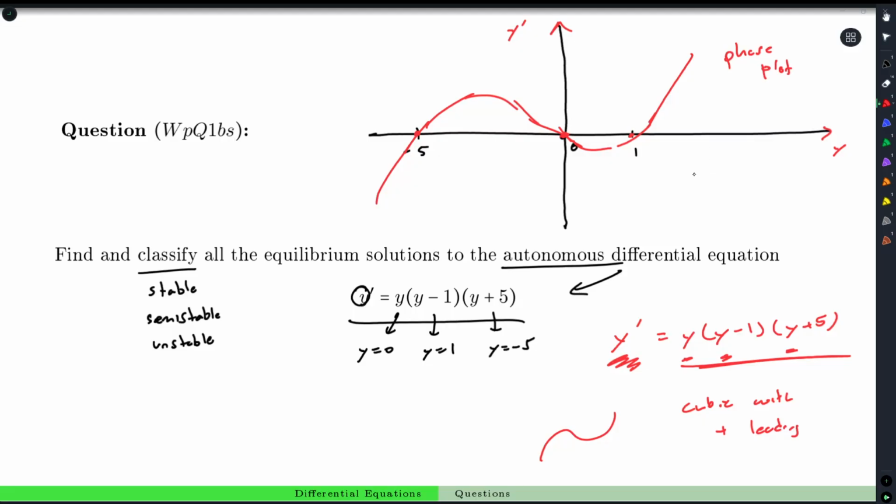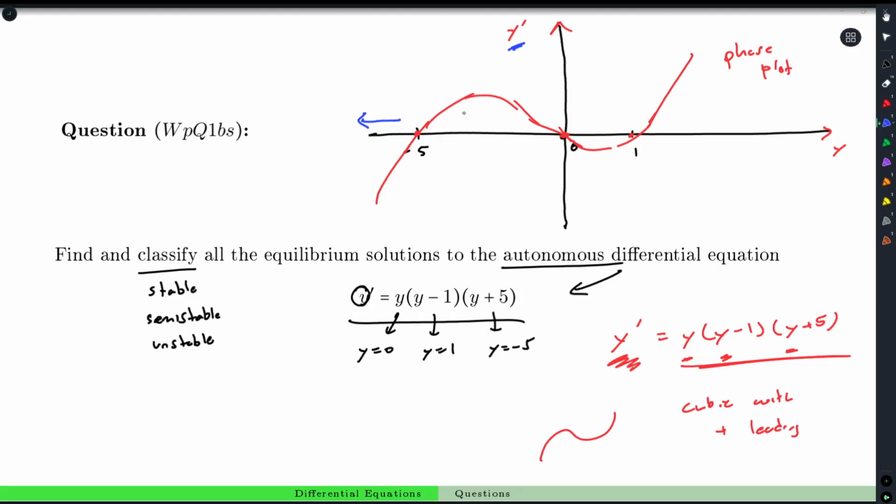And once we have the phase plot, I like to just come along with arrows, and we can come along and classify. So whenever your graph is below the horizontal axis, that means your rate of change is negative, and so you're decreasing. Your y values will be getting smaller and smaller, or more and more negative, so you'll be moving away.